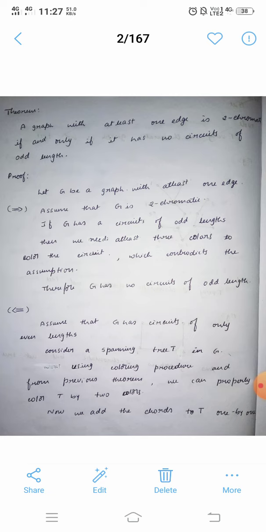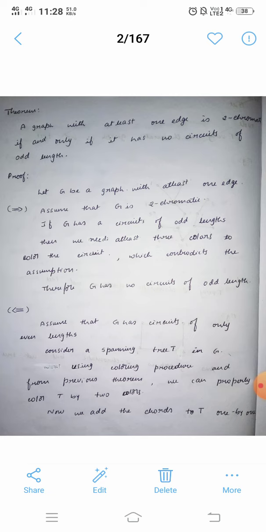We consider a graph G with at least one edge. Now we'll assume that the graph is two chromatic. What is two chromatic? Two chromatic means only two colors are enough to properly color that graph. What we have to prove? We have to prove there is no circuit of odd length.